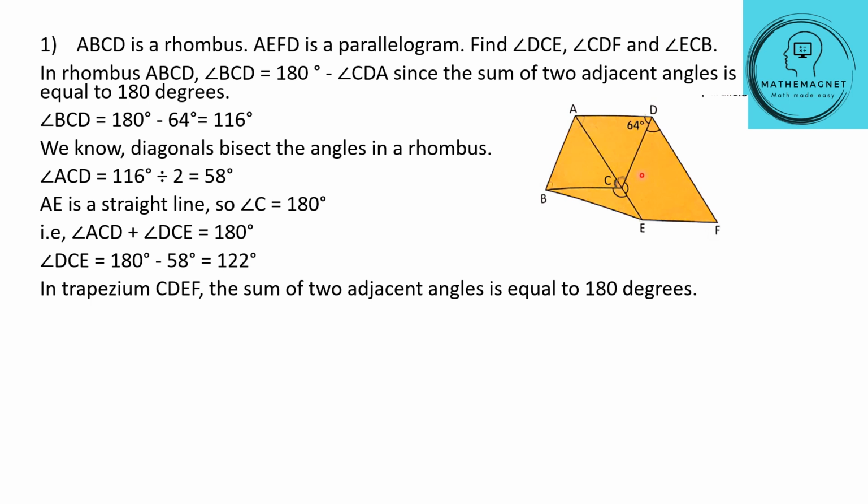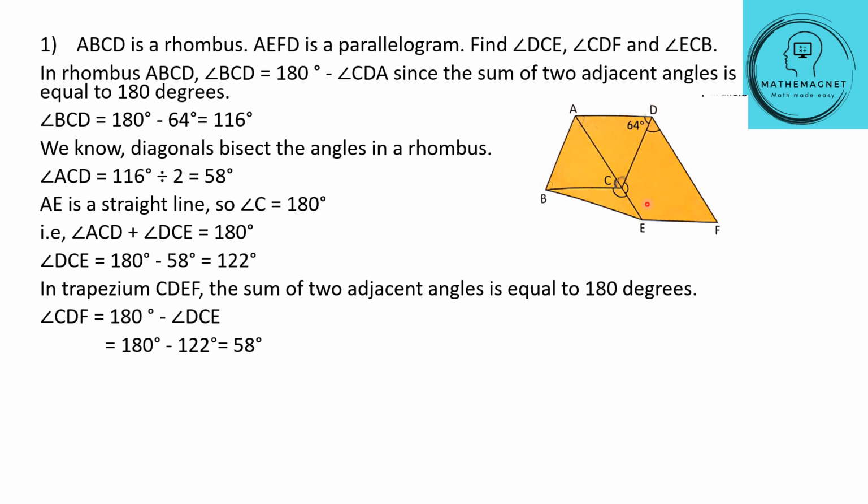So angle DCE plus angle CDF will be equal to 180 degrees. So angle CDF will be 180 minus 122, that is angle DCE, which we just found here. So that will be equal to 58. So that is angle CDF, the second angle that we have been asked to find.